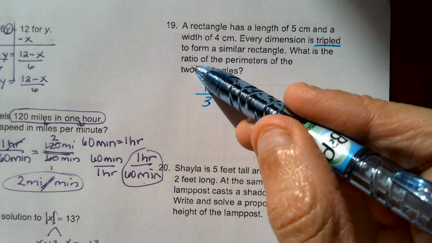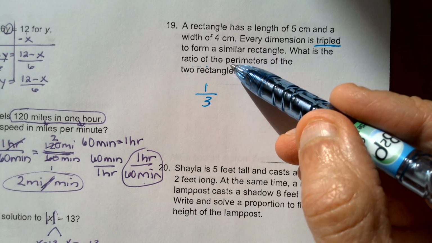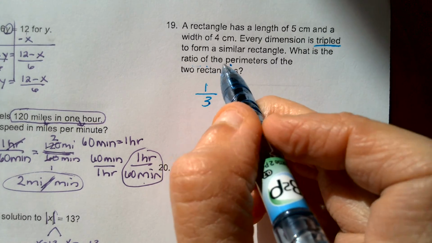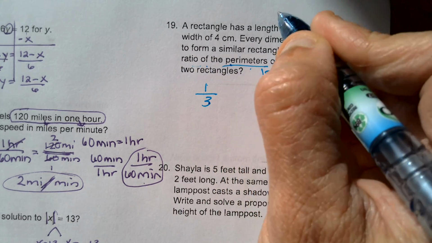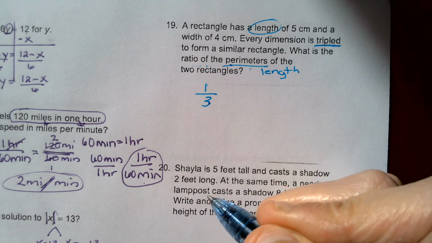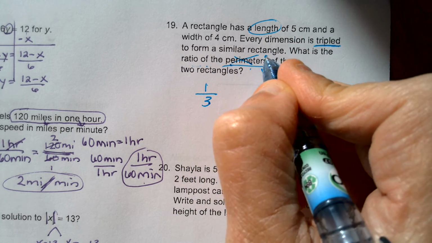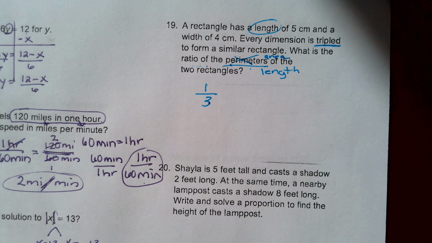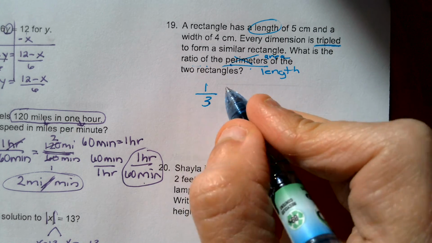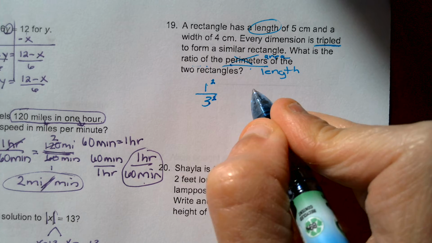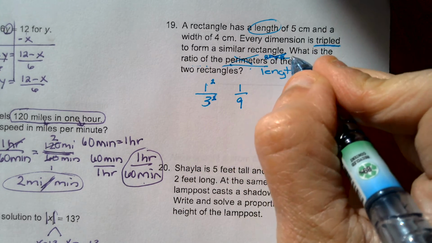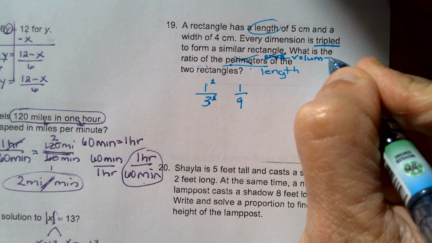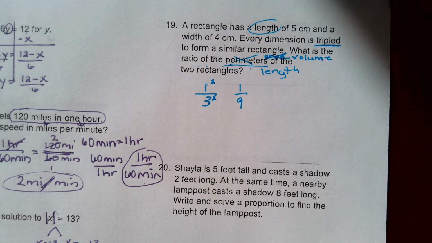Now, they ask you here for the ratio of the perimeters, it's going to be the same. Perimeter is a length. These are lengths. So it's 1 to 3. If I had said, what is the area? That is 1 over 9. And if I had said, what is the volume? Not the volume, the ratio. Let's be clear. I'm not actually telling you what they are.